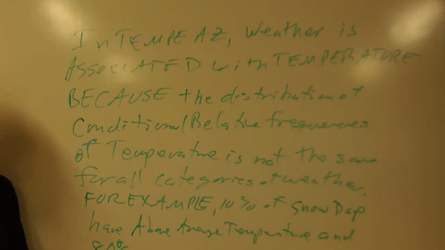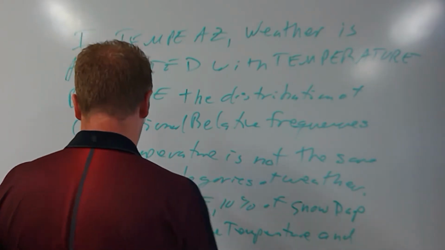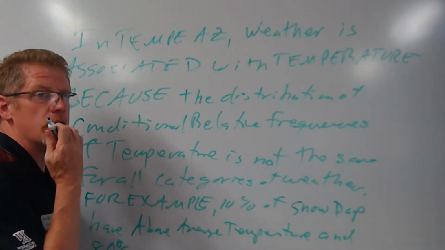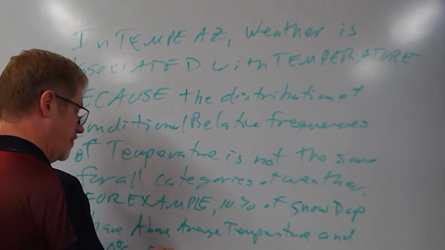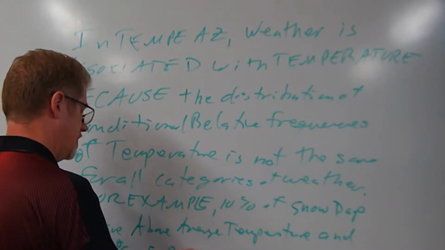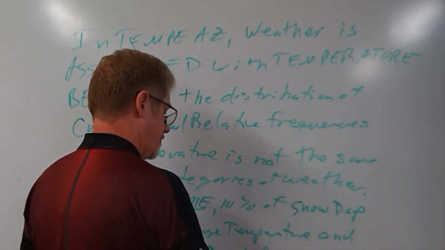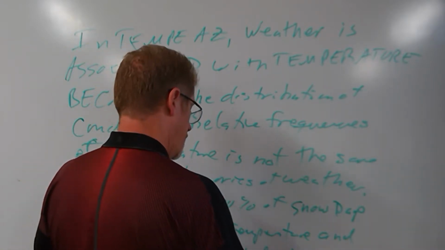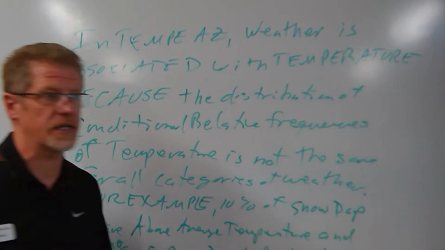Chad, you want to give this a go? 80% of what? 80% of rainy days were above average. Yes. Well, above average in what? Temperature. Yes. So, and 80% of rainy days had above average temperature. That's the end of the second sentence.